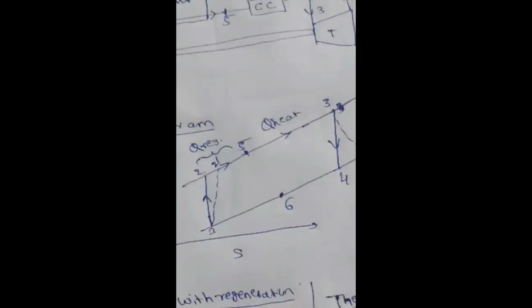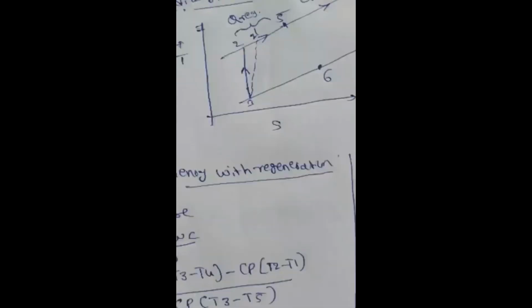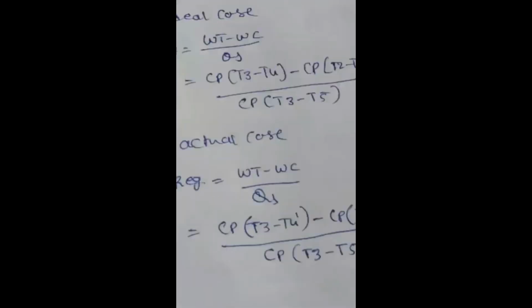What about the actual heat addition here? It is T3 minus T5. Don't take T3 minus T2. Why? Here we have saved fuel in combustion. That's why the heat addition is only from 5 to 3. That's the heat addition with regeneration, T3 minus T5. Okay, understood? And this is multiplied by 100.